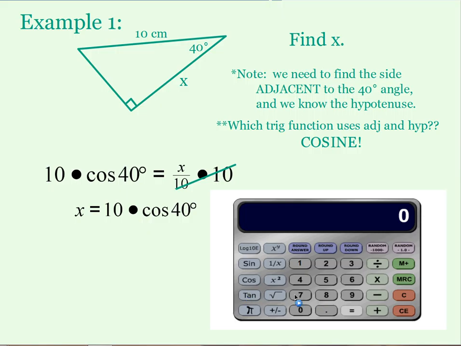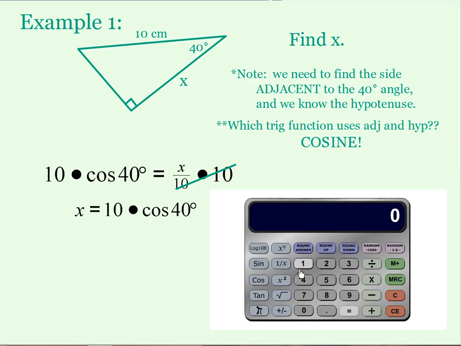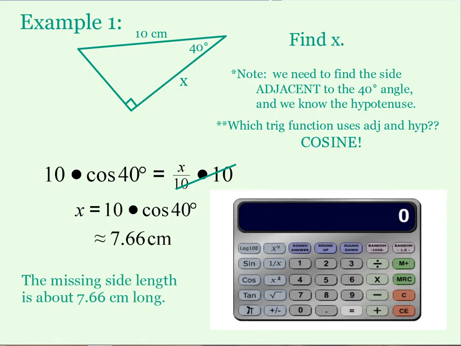So I'm going to do 10 times, on this calculator, I have to put in the 40 before I hit cosine. Then I'm going to hit equal. 10 times the cosine of 40 degrees is about 7.66. And that is my missing side length. So my missing side length is about 7.66 centimeters long.